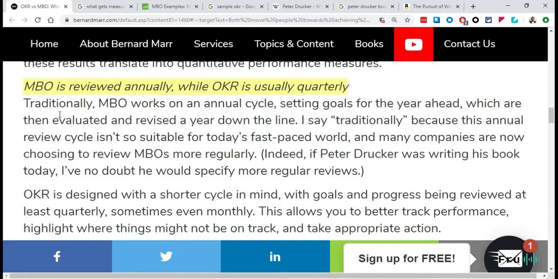which is why I can see why OKR is favored in technology circles versus MBO. Doesn't mean teams cannot decide to do MBOs quarterly, and naturally I think that's where a lot of this will be going, just because an annual cycle seems like an eternity in the technology space. So quarterly is really where OKR differentiates from MBO.